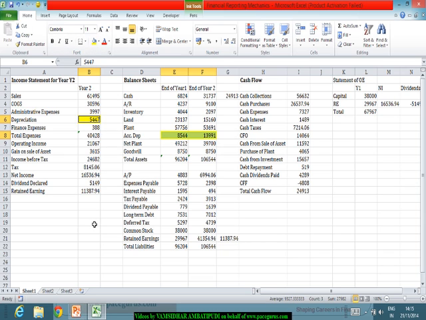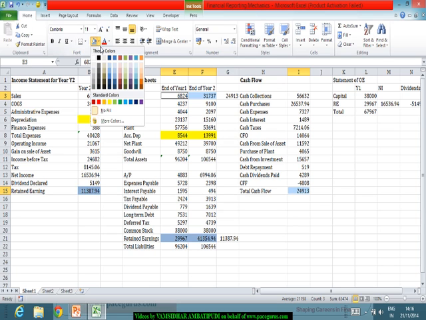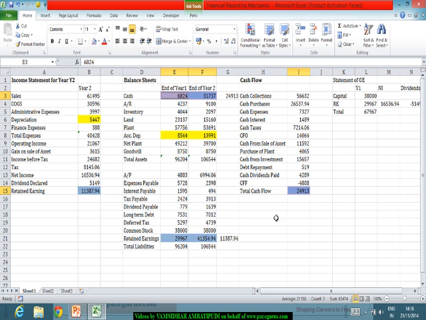So these two are related, then these two are related, and I see these two are also related. This is one more relationship between the various financial statements.